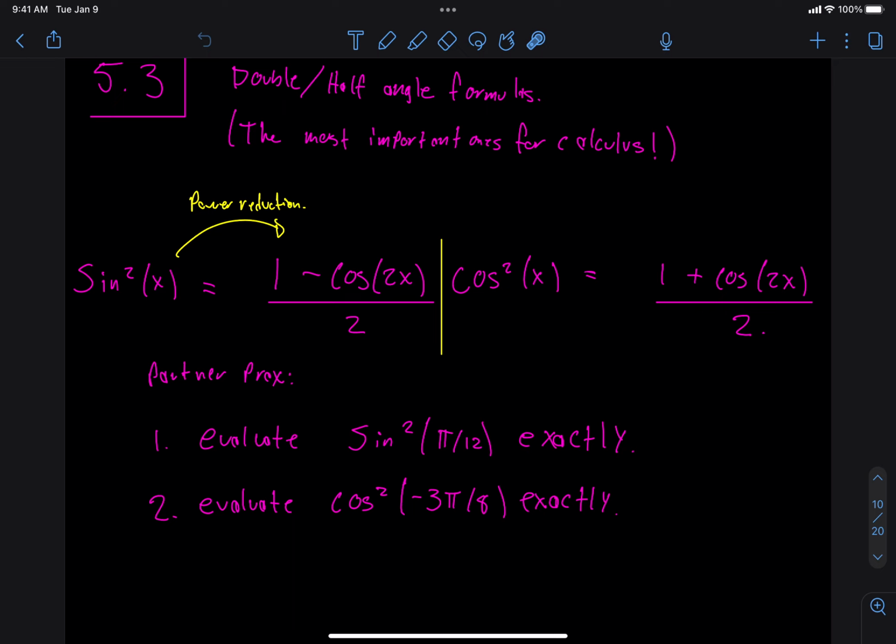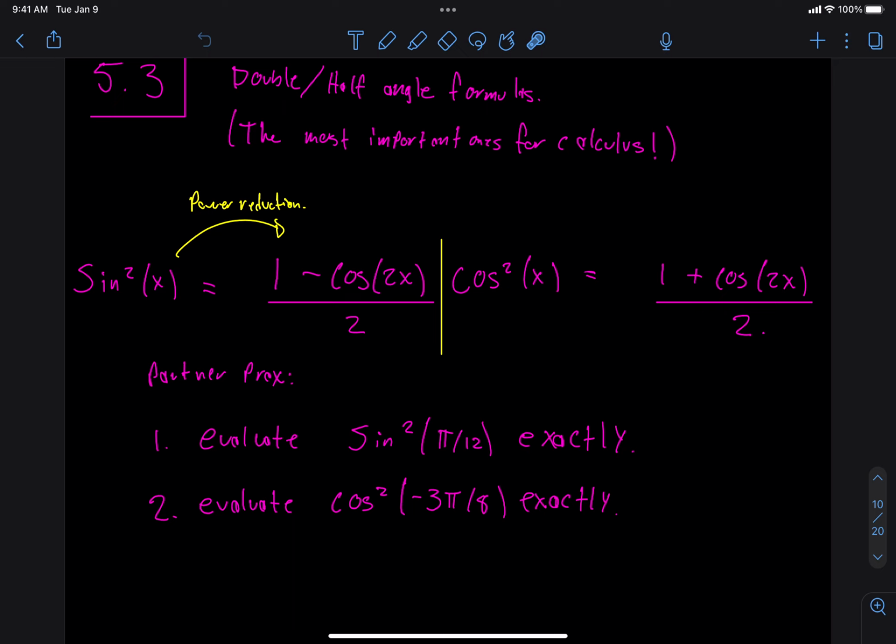You can prove them using various, I don't remember exactly how they're proven, but you can draw some triangles and prove it. But what I wanted you to know is that it's true and it's really important for calculus because you can reduce the power, okay? So these are really important because sine squared suddenly becomes cosine of something. And having a 2 on the inside here is way better than having a square on the outside when it comes to calculus.